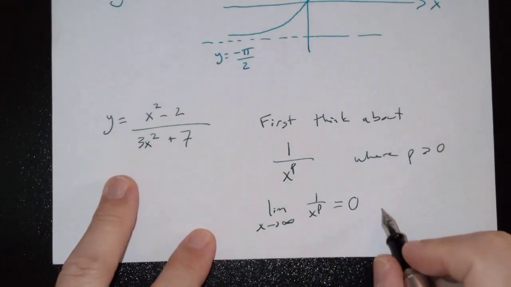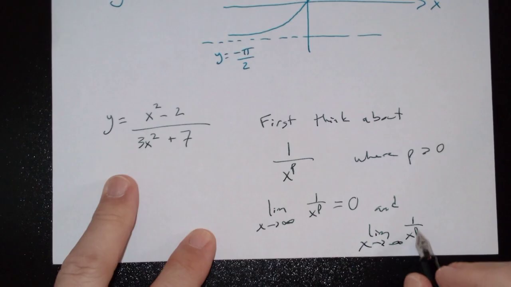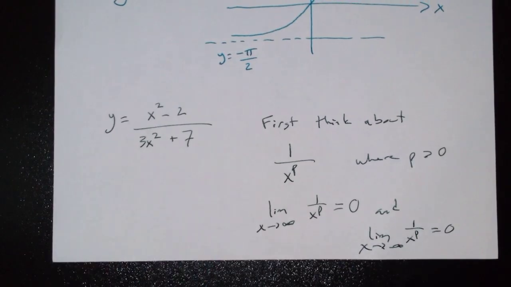And the same thing is true when I go to minus infinity. Even if it's negative, as long as I'm taking a positive power, that's going to go to 0.